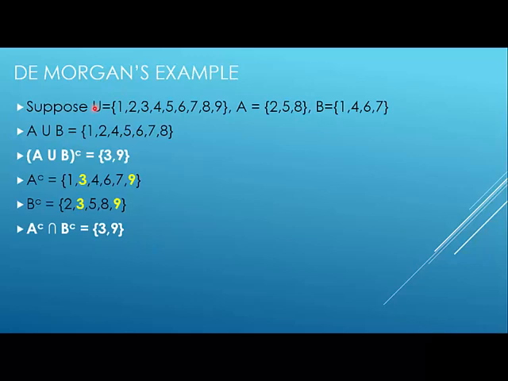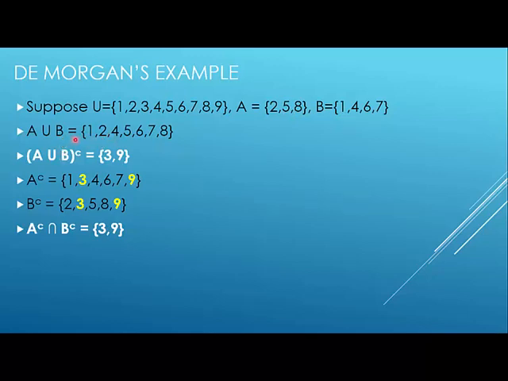So suppose you have a universal set from 1 to 9, and then we have a set A equal to {2, 5, 8} and another set B equal to {1, 4, 6, 7}. What will be A union B? Simply 2, 5, 8 and 1, 4, 6, 7. We put them together, so we get A union B. What will be the complement?